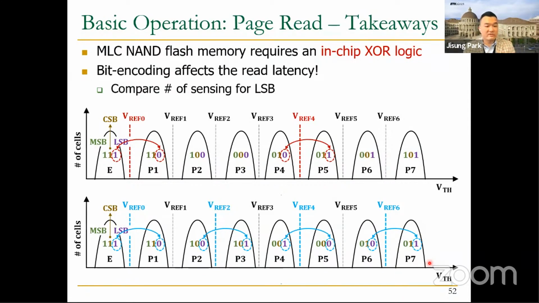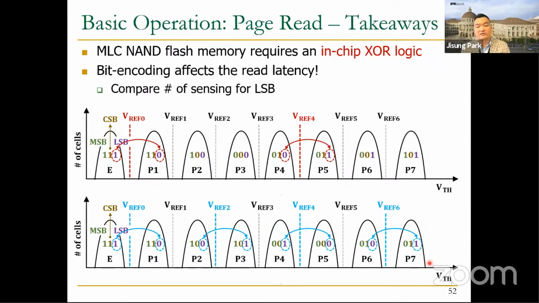So which one would be better? I would say the first encoding scheme is much more widely used to minimize the latency variation across the pages stored in a word line, right? But the other reason is that the encoding scheme may also affect reliability.